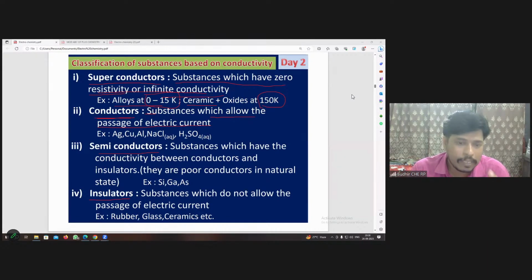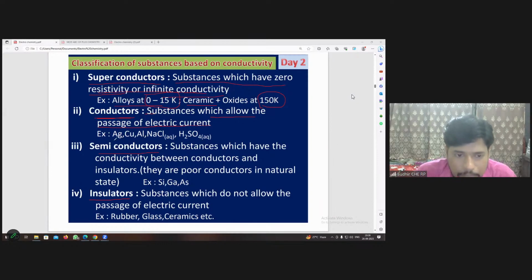But here, as we are discussing only electrochemistry, I am focusing on the electrical conduction property of different substances. So conductors are substances which allow the passage of electric current through them.